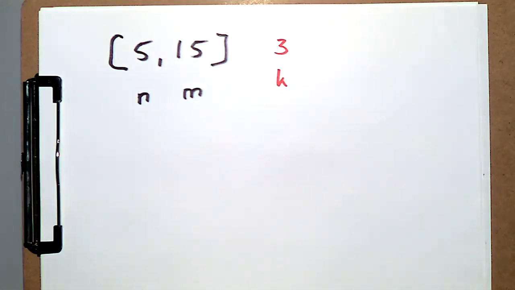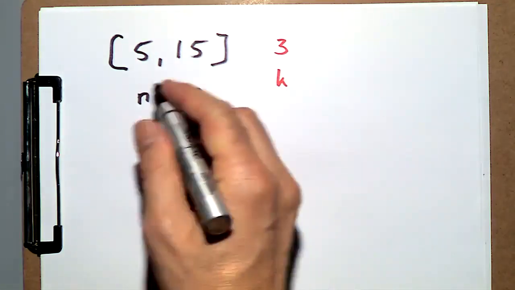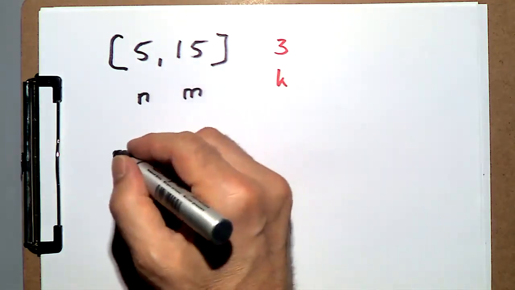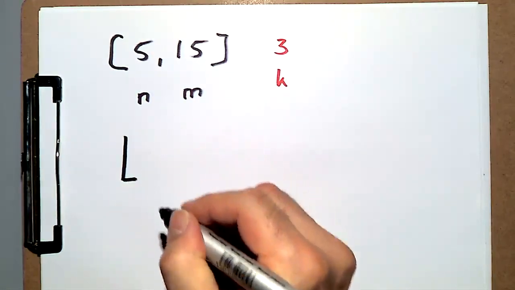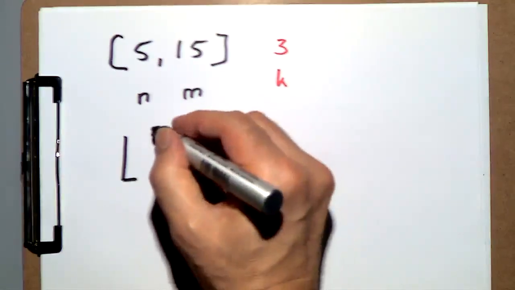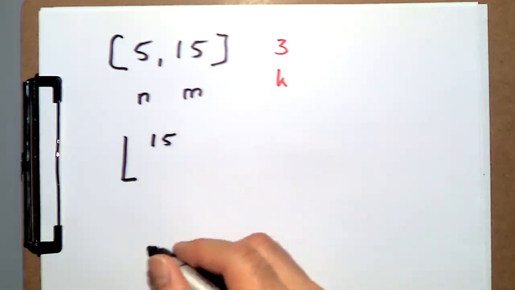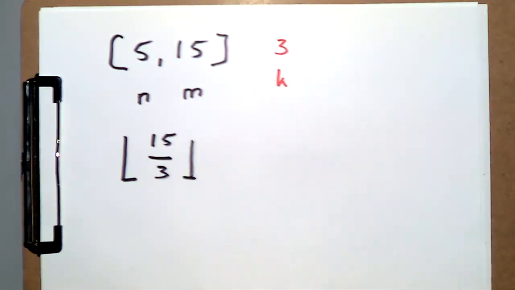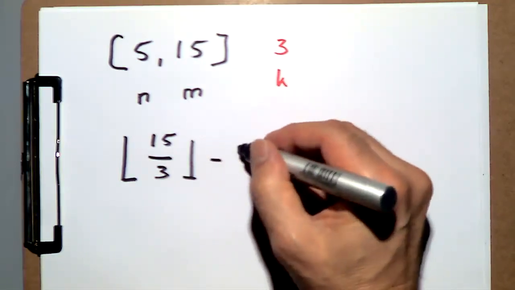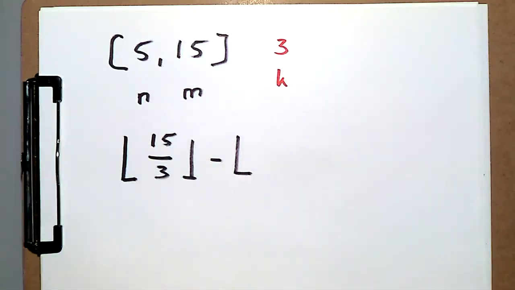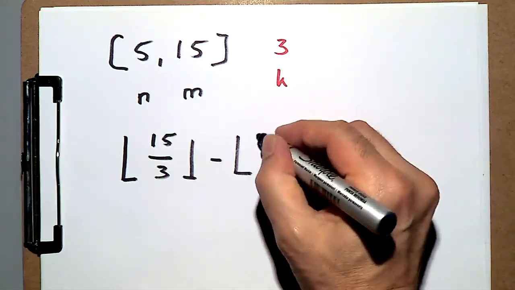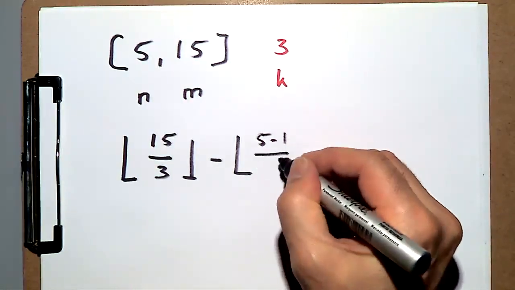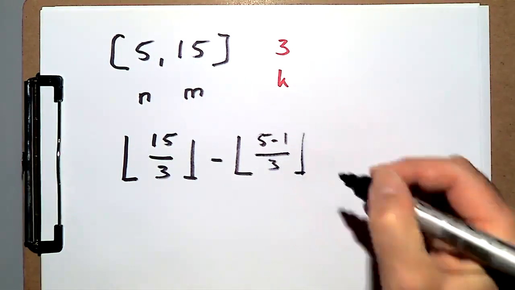Now, what does the formula say? It says if we want to know how many numbers in this interval are divisible by 3, we have to calculate the floor of m, which is 15, divided by 3, and subtract from it the floor of n minus 1, which would be 4, also divided by 3.